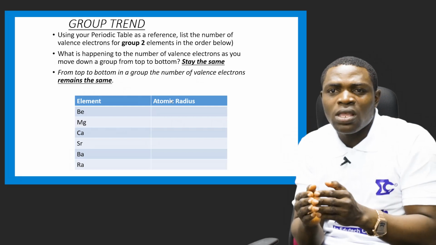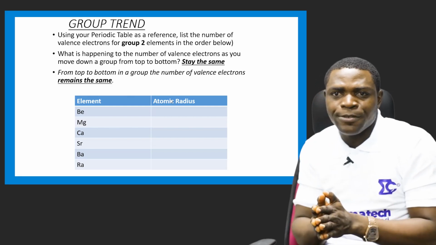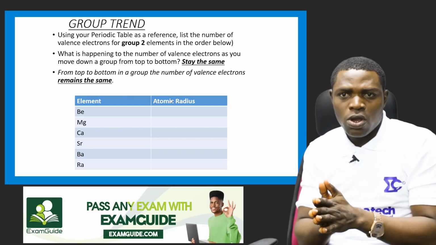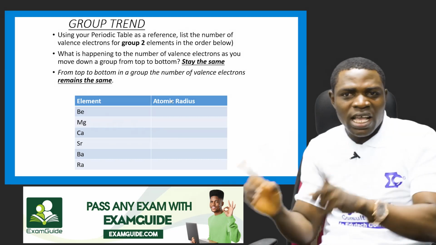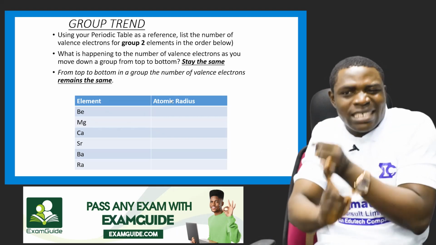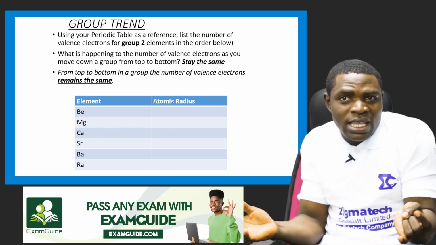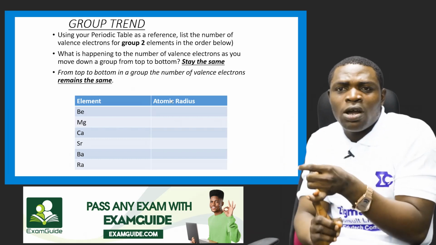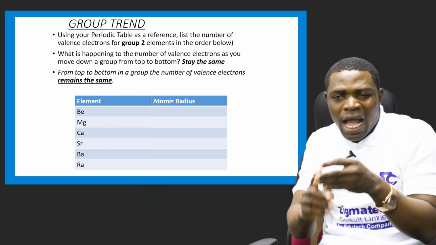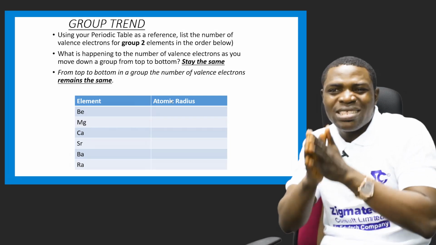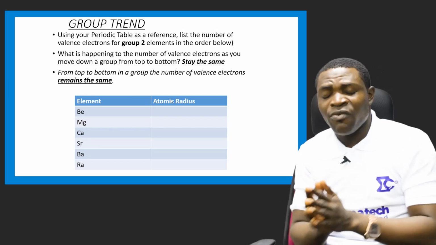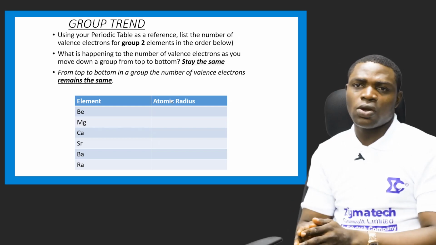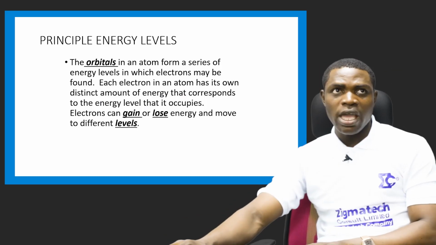Beryllium has atomic number 4, so it has 2 valence electrons. Magnesium has the same, though they are in the same group. So beryllium, magnesium, calcium, and the rest of the elements have the same valence electron. The valence electron down the group actually remains the same.